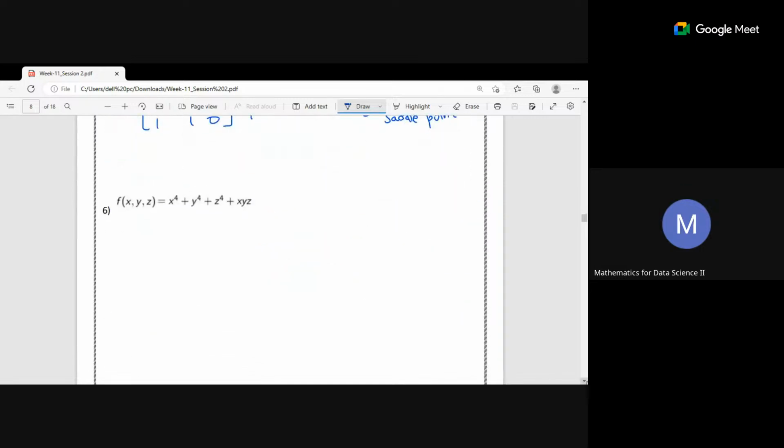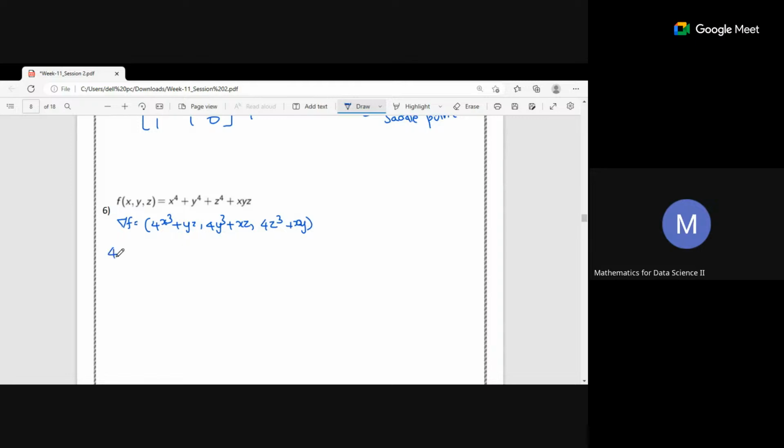Okay. So the next question here. Now what are the critical points for this function? First, what is the gradient vector for this function? 4x cube plus yz, 4y cube plus xz, 4z cube plus xy. So this is your gradient function.